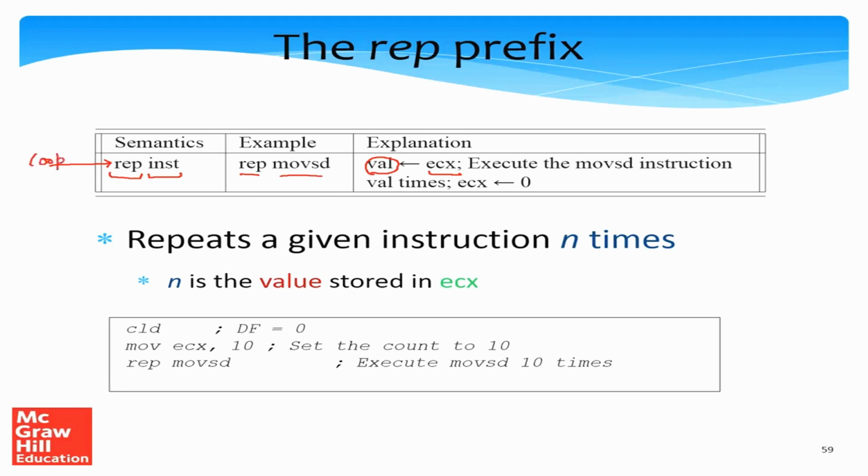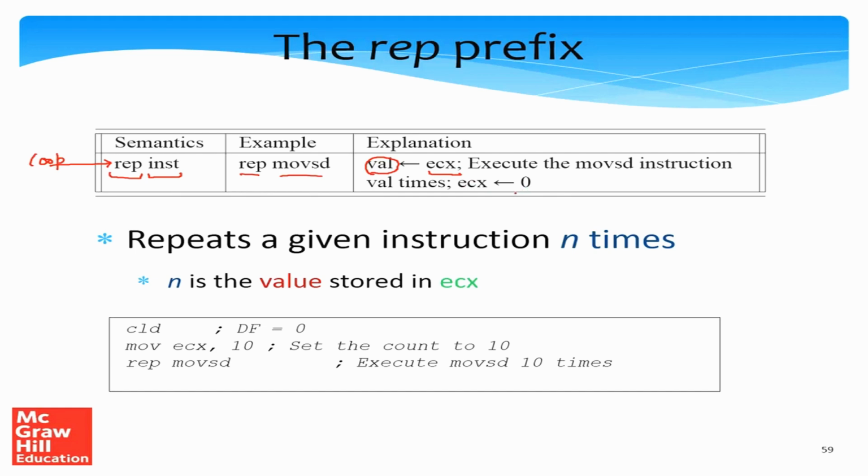So again, it will repeat the instruction inst the same val times, where val is the contents of ECX. For example, if ECX contains 10, the REP prefix will ensure that the instruction after it gets repeated 10 times, and every time the value of ECX will get decremented, and at the end it will become equal to 0.